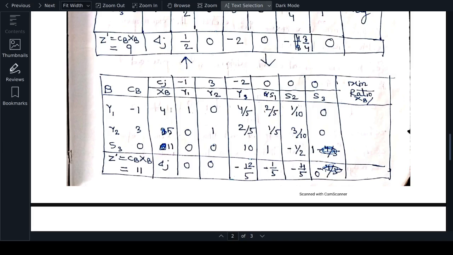So all the delta j values which have to be less than or equal to zero, those are only the y1, y2 and y3 columns, right? Your voice is not clear.